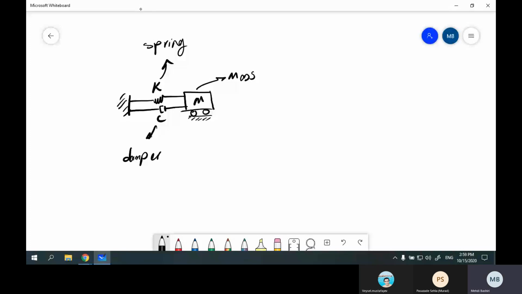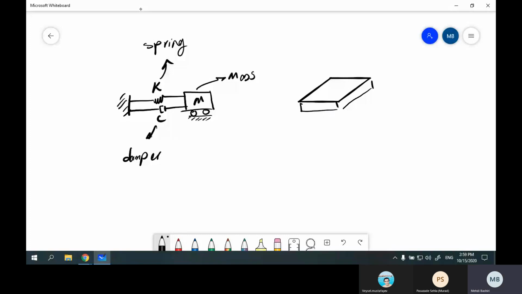If you remember, I told you that each of these parts represents a system, an item in the building. For example, the mass represents the heavy floors and roofs.